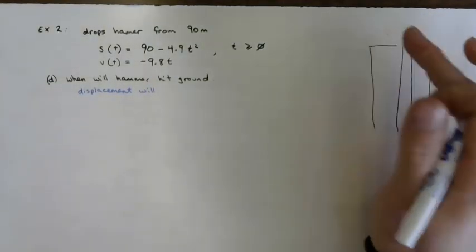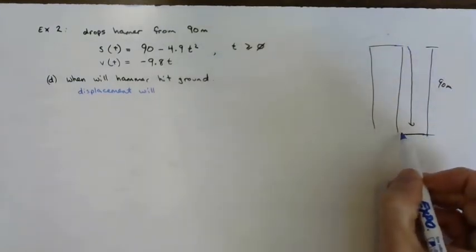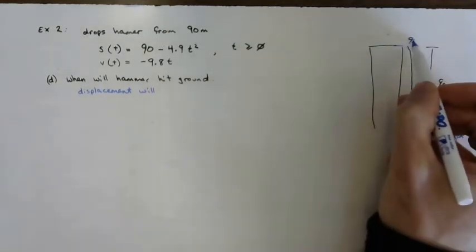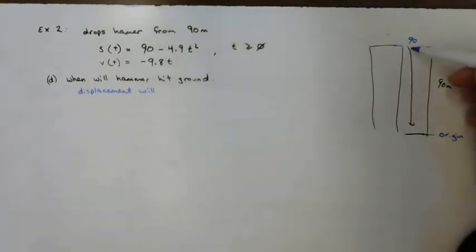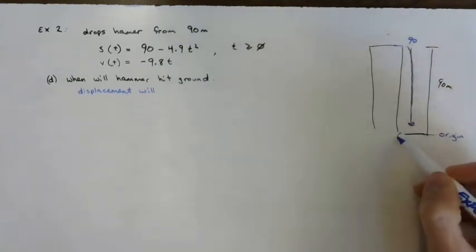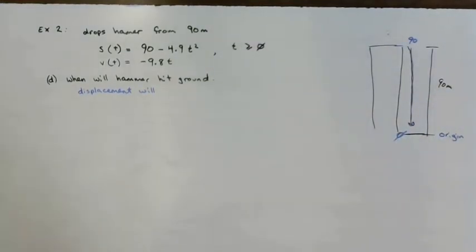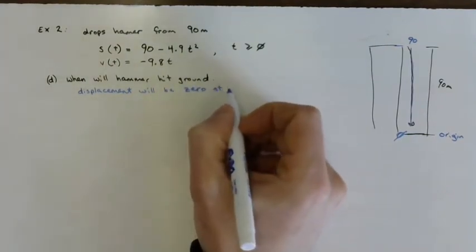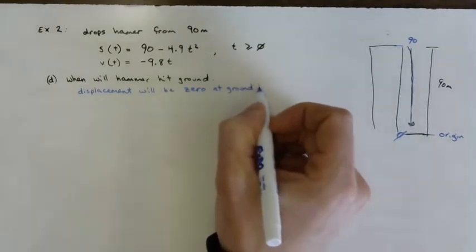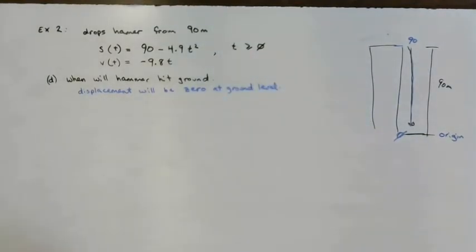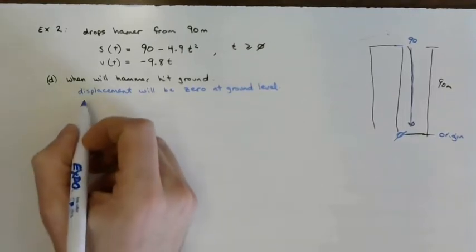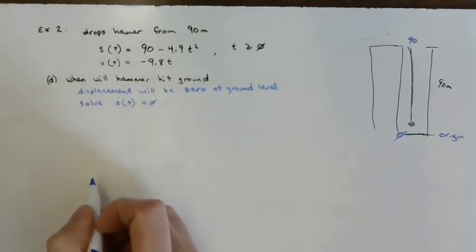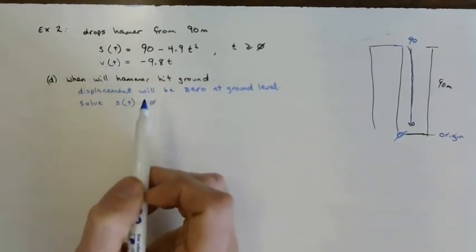Let's think about the ground as the origin, and it's starting at a displacement of 90, and it's going to reach a displacement of 0. Displacement will be 0 at ground level. That's more helpful. So we need to solve S of t equals 0.